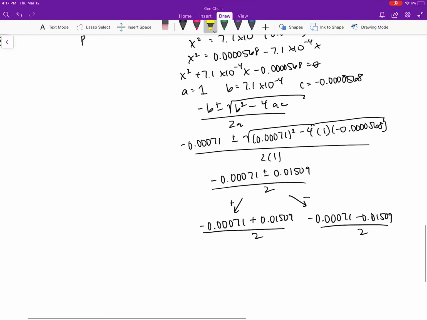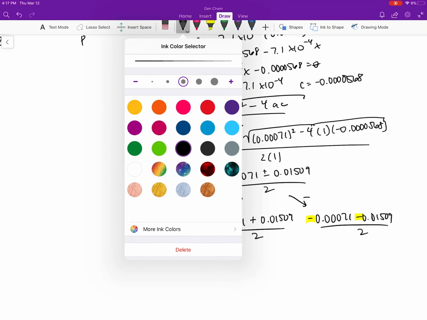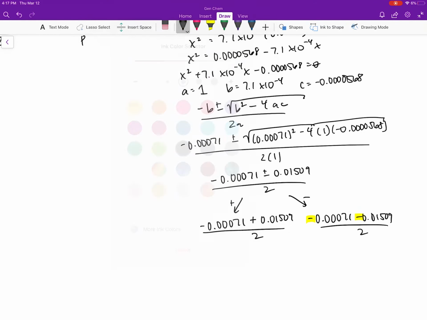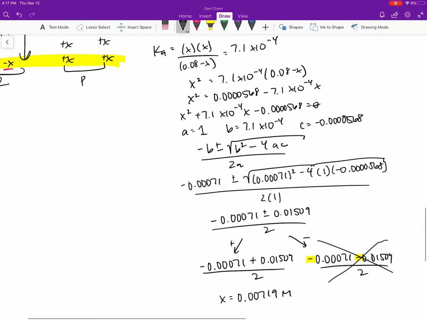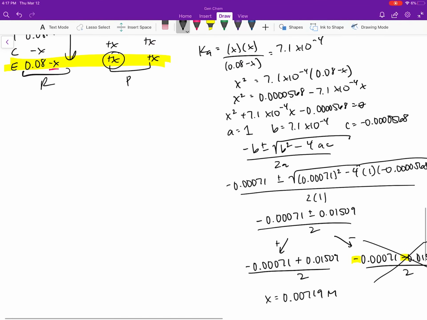What you can see here is if we have two negative numbers and we add them together, it becomes even more negative, which means this cannot be possible. We cannot have a negative x, meaning that only adding them together is correct, and my final answer comes out to be 0.00719 molar, and that's what x is equal to.